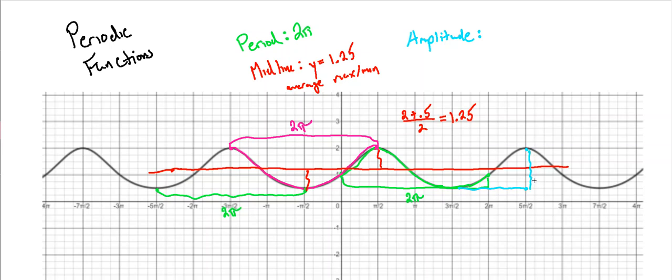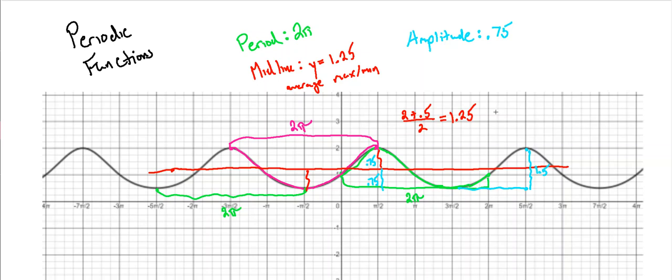This total distance here is 1.5. Okay? Now the amplitude is half of that total distance, which is 0.75, which is also the distance from the midline to the maximum and from the midline to the minimum. That's another way you can determine if you got the midline correctly, okay?